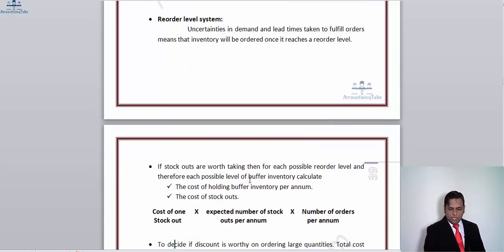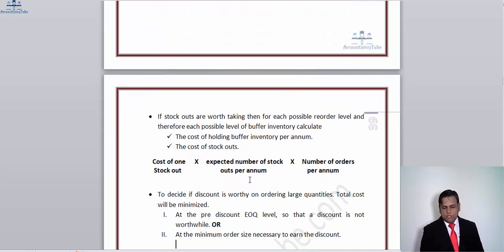Now there is a cost versus benefit consideration when it comes to inventory management. For most businesses, stock outs are not fatal. So if stock outs are worth taking, then for each possible reorder level, and therefore each possible level of buffer inventory, we need to calculate the cost of holding buffer inventory or the cost of stock outs.